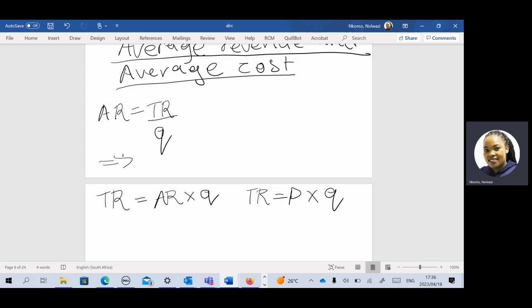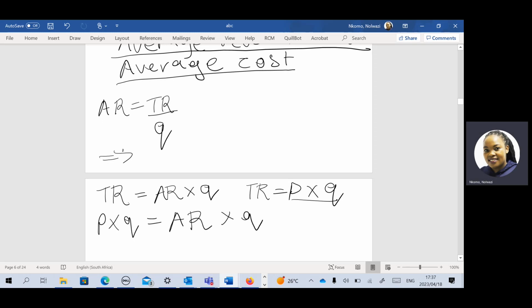So if the total revenue is equal to average revenue times the quantity demanded, and we know that the average revenue is equal to P times Q, we can just substitute. Where there is the total revenue here, we substitute with this. If we do that, we'll have P times Q equals AR, which is average revenue, times Q, right?